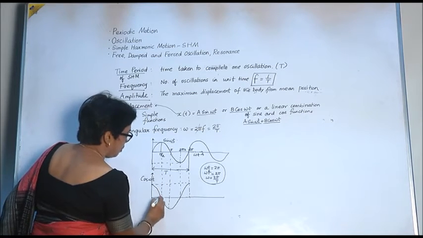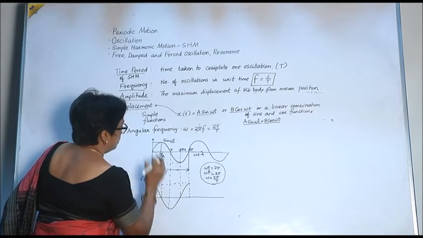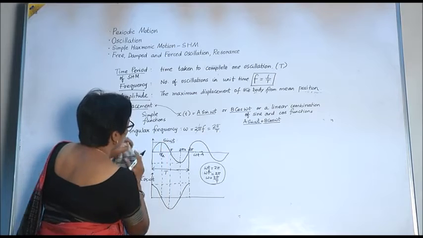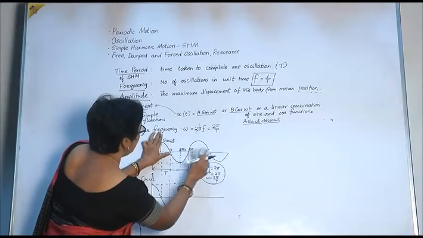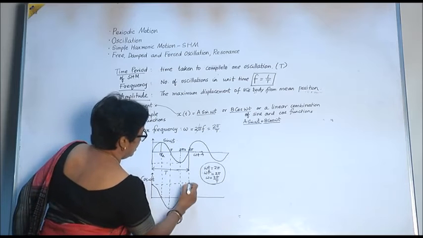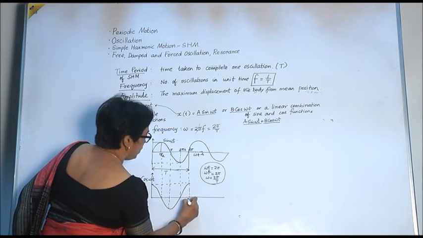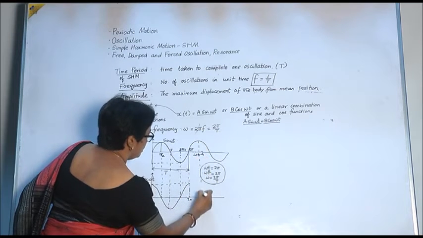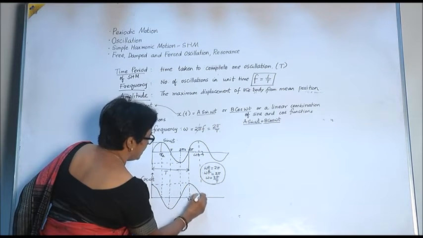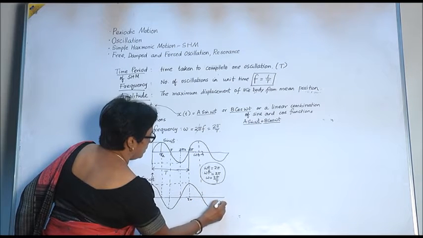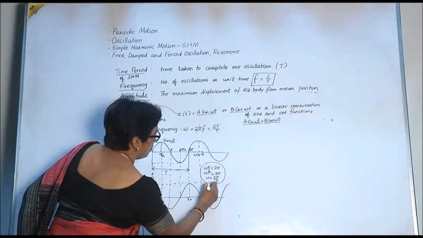You can see that there is only a pi by 2 difference between the two graphs. If you start from here or from there, you get the same graph. Beyond 2 pi, if I go further, again I will see that the same graph is repeated. It becomes 0 here, then goes to a maximum, then comes back to plus 1.